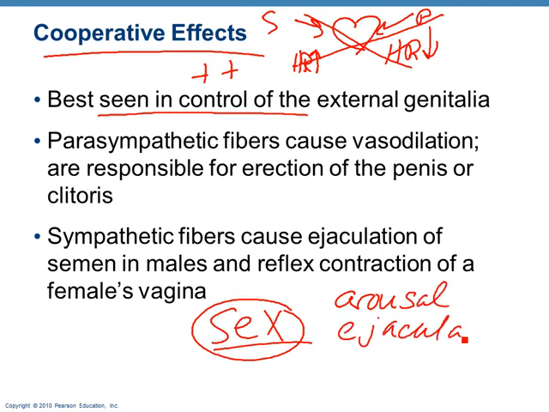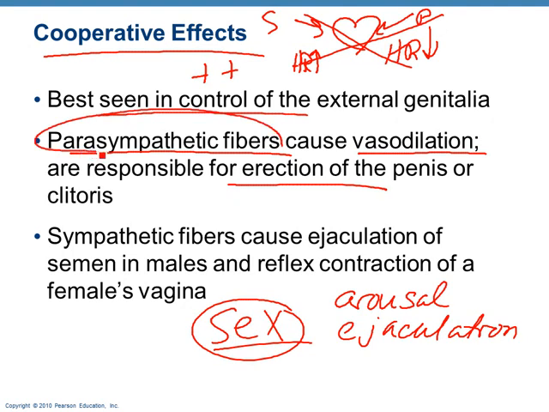You can't have one without the other. They both have to be in place. So your parasympathetic fibers cause vasodilation, okay? When there's vasodilation in the penis, more blood goes into the penis, and that causes the erection. So erections are due to parasympathetic innervation.